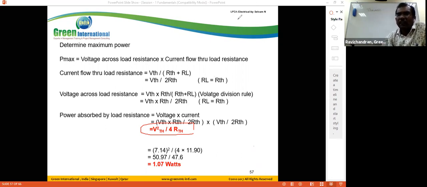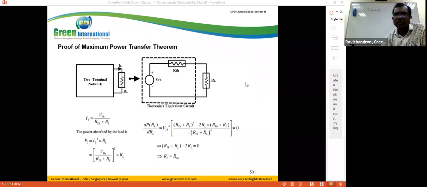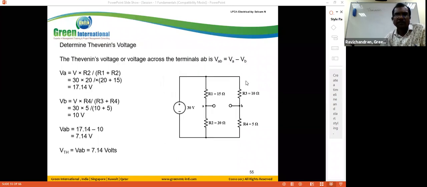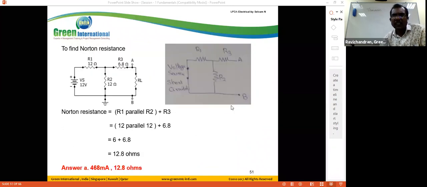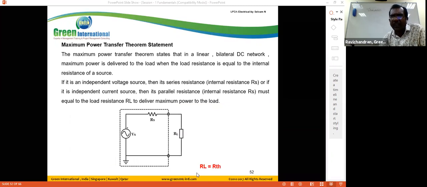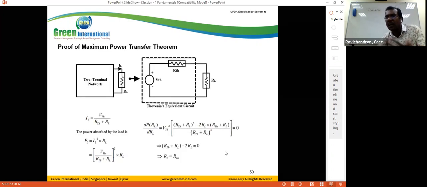So now our objective is how we get the condition RL is equal to RTH. There is no need, they didn't ask for the proof in the exam, but anyway we must know about the proof. This is a complex circuit.